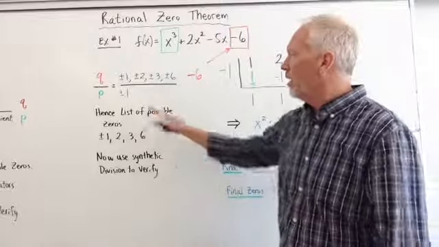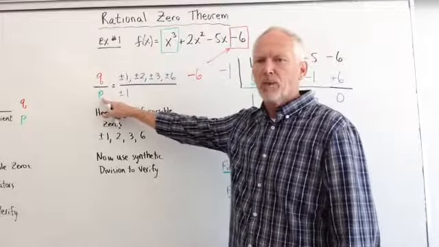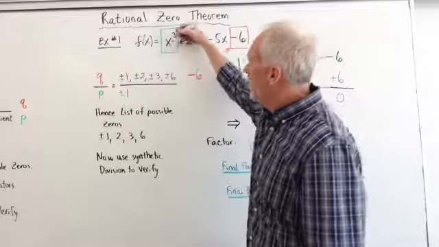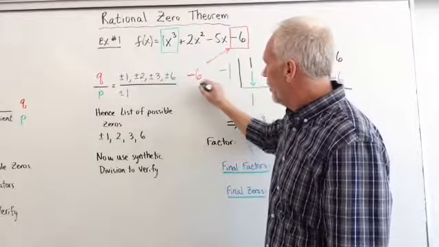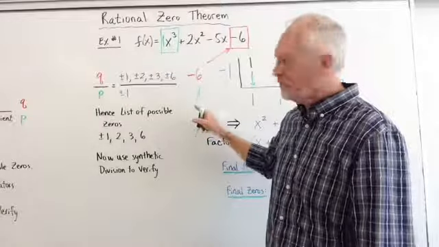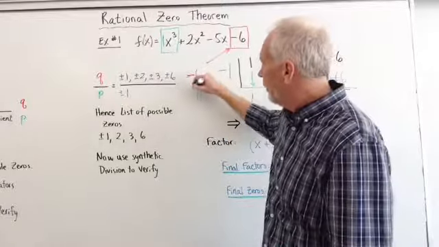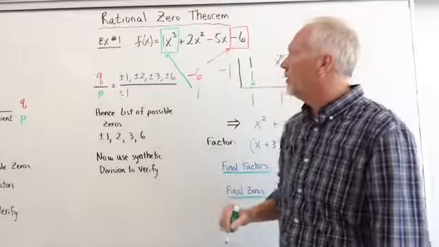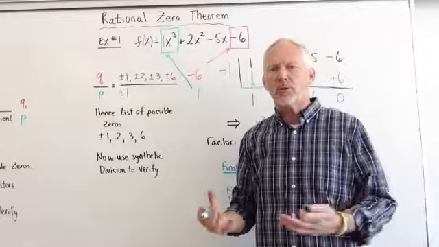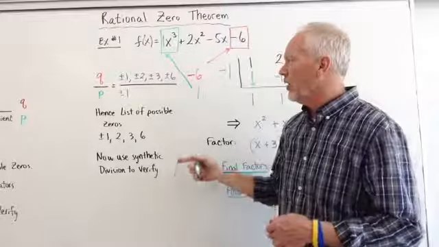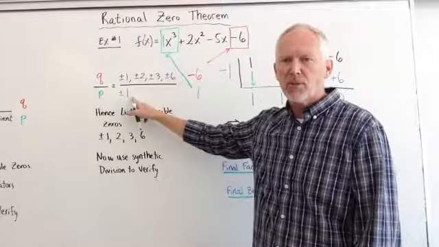Then I look and say, what's the P value? The P is up here. Again, I said that is a 1, and we get that from that term. So those are the two terms I'm looking for: what are the numerical values associated with them? And we notice that the factors of 1 are just plus and minus 1.